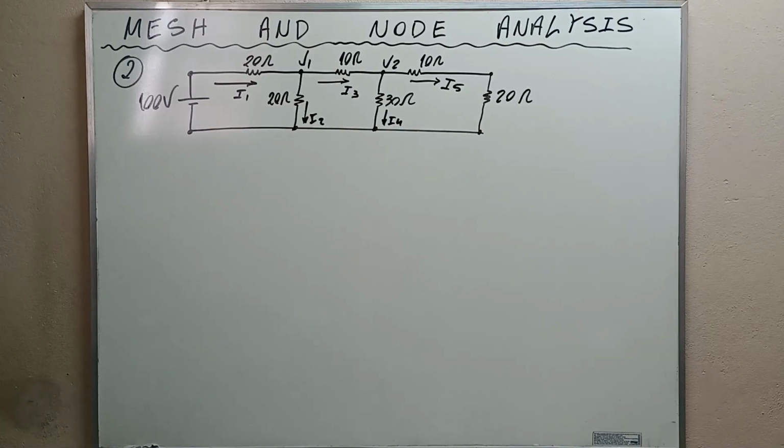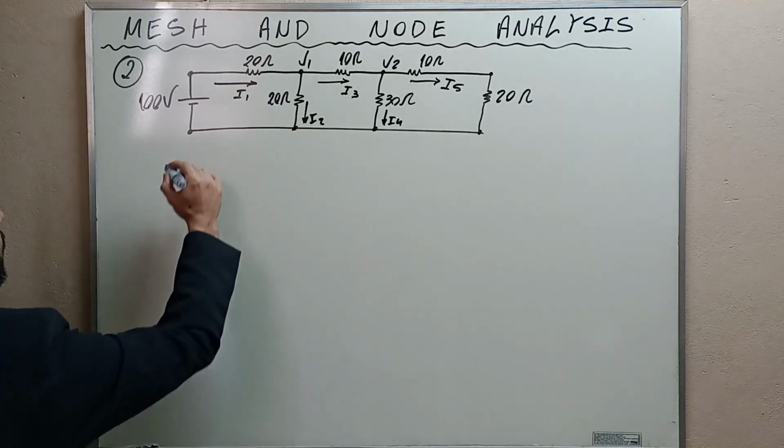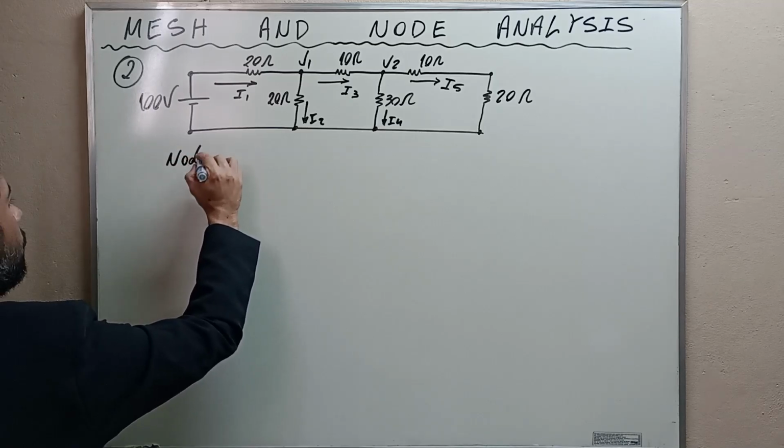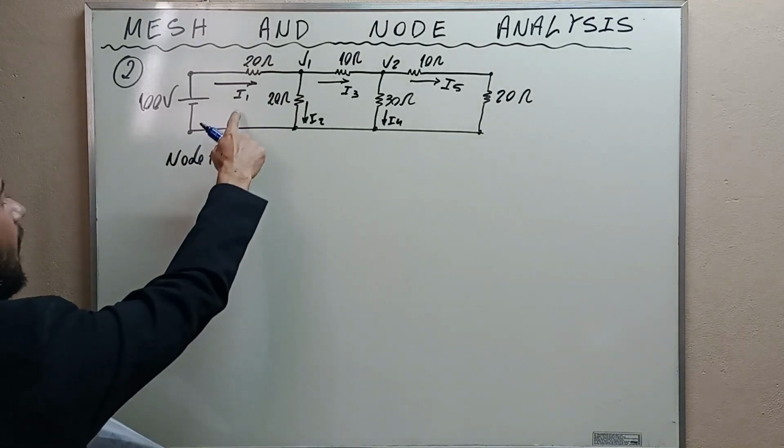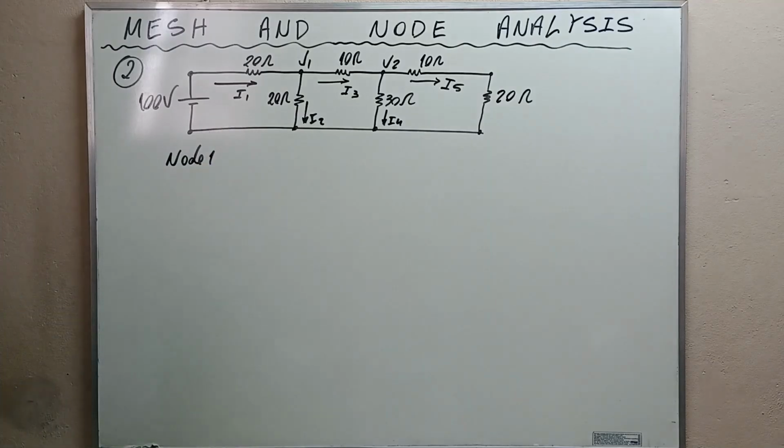And remember that the sum of the currents that enter a node has to be equal to the sum of the currents that leave the node. For node 1, what is the current that is entering the node? It is I1. And what are the currents that leave the node?